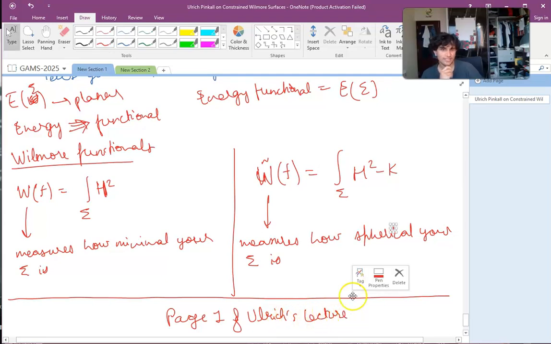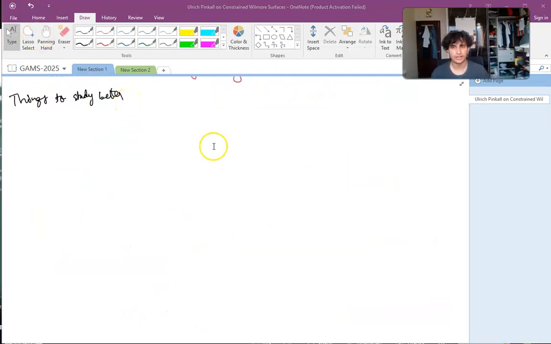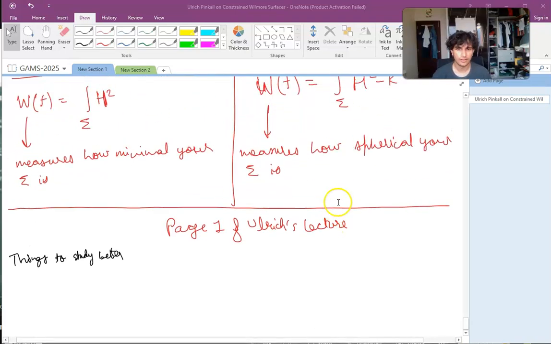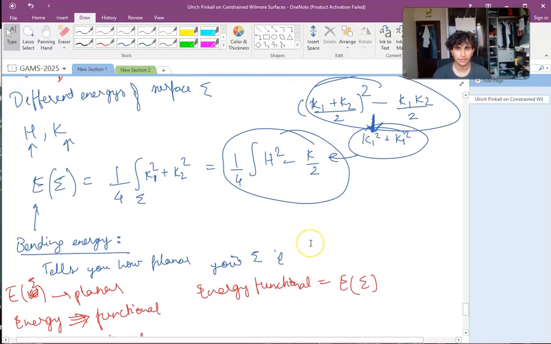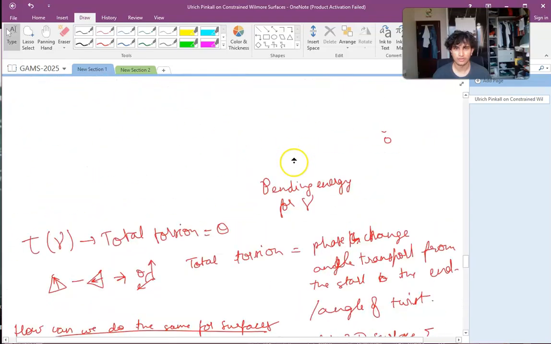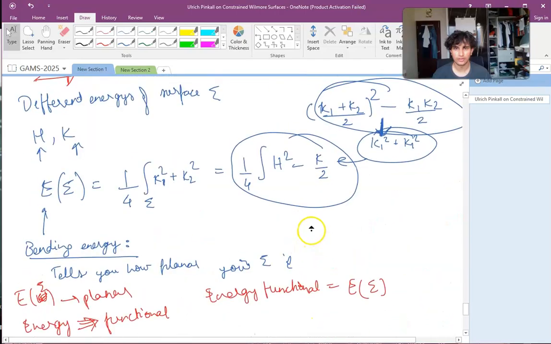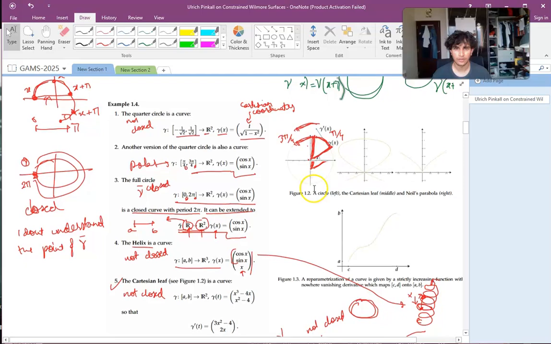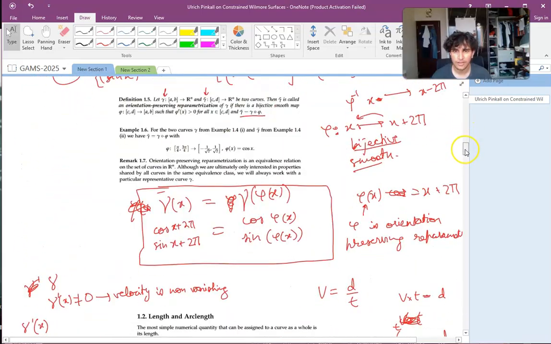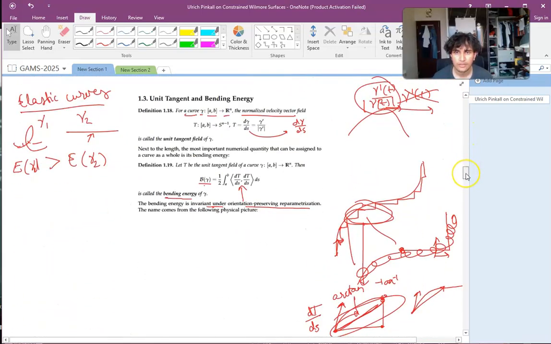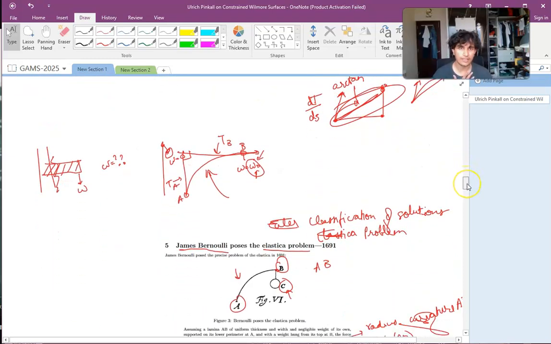Okay, so let's just make some key points, things that I want to explore in the next lecture before I move on to the next page. So things to study better. Let's just scroll all the way up. Okay, the bending energy I feel is personally clear.